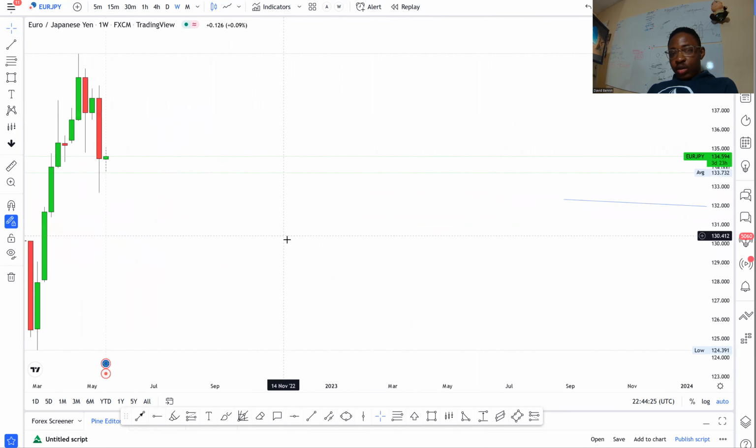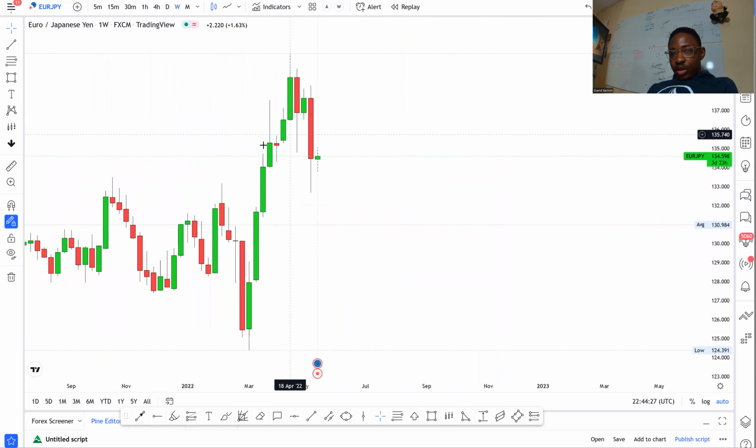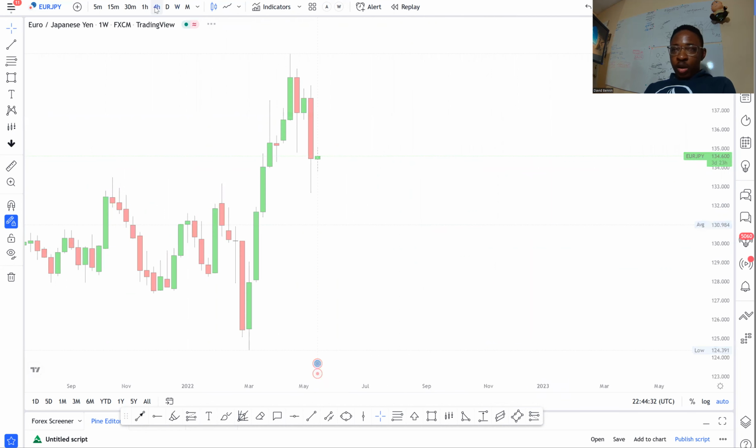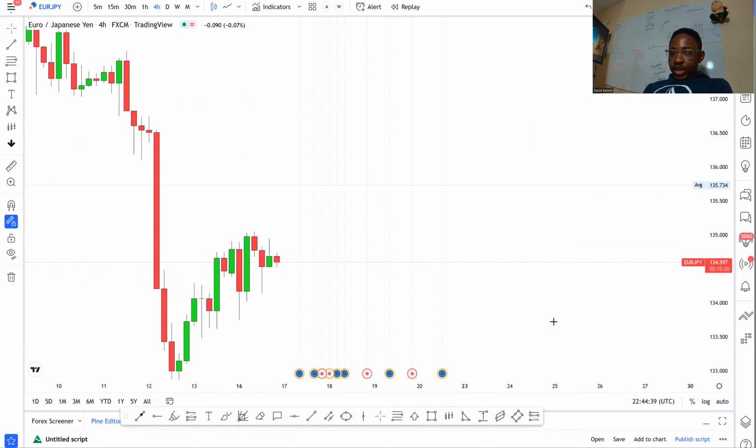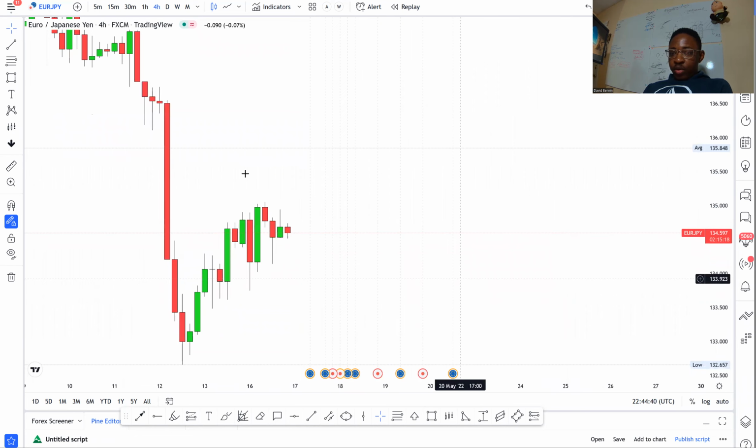Each individual candle here is representing a price change in a specific time period. So I'm going to change this to 4 hour. When we have 4 hour, what it means is this is the change in price over a period of 4 hours.